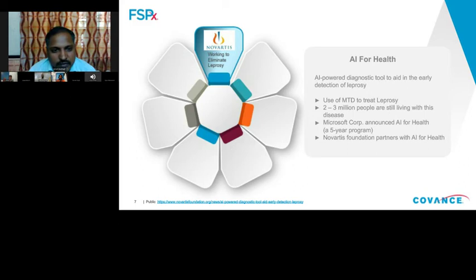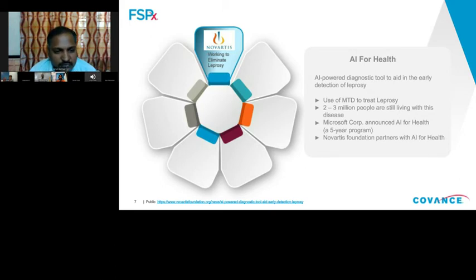However, we still see that there are around 2 to 3 million people affected with the disease, and the Novartis Foundation is working hard to eliminate this disease. So what happened on January 29th of this year, January 2020, Microsoft Corporation announced a 5-year program called AI for Health, which leverages artificial intelligence technology to empower researchers and organizations to address some of the world's toughest challenges.